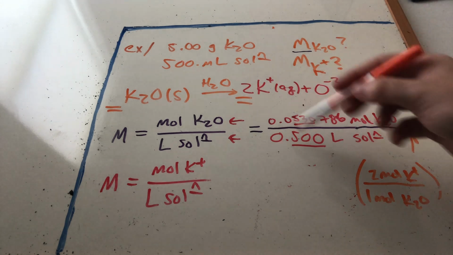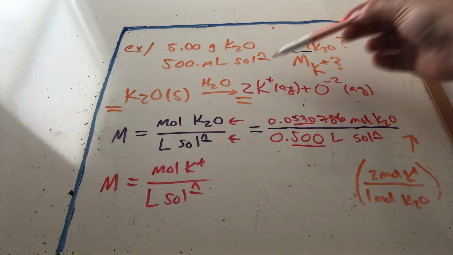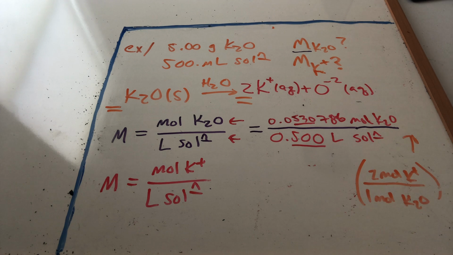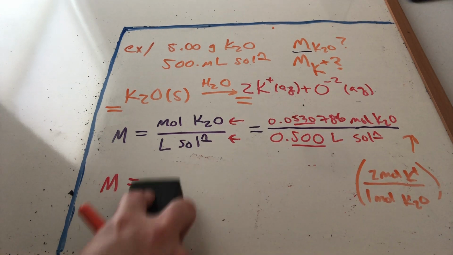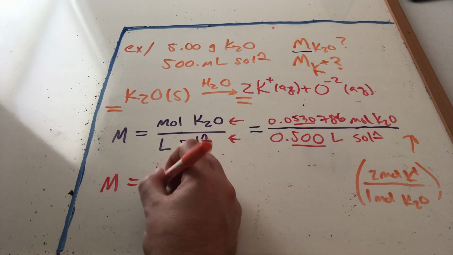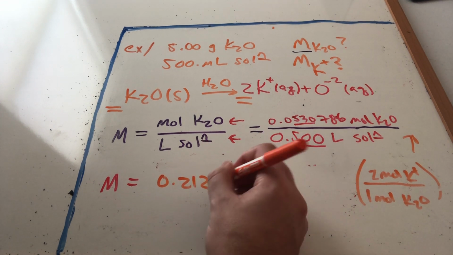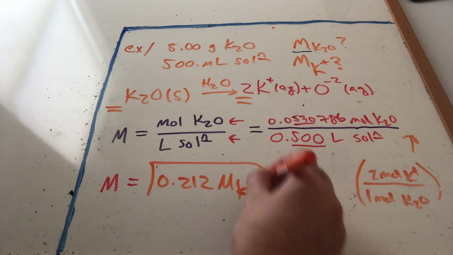So essentially it looks like the exact same setup, except now we also have an extra multiplicative factor of 2. And that makes sense because for every 1 of these that dissolve, you get 2 of these, okay? So the final answer for the molarity of K plus, okay, and make sure you confirm this, is 0.212 molarity K plus, all right?